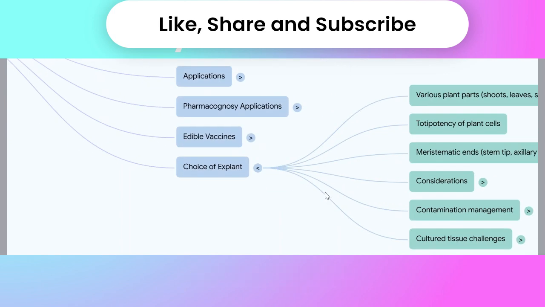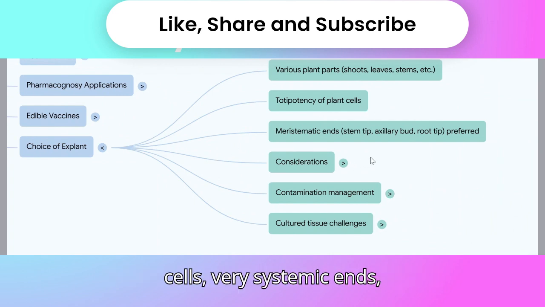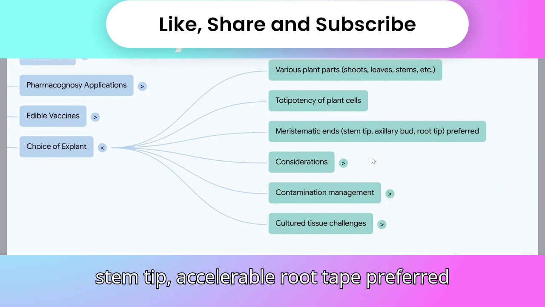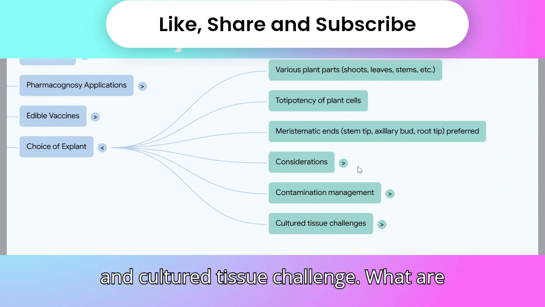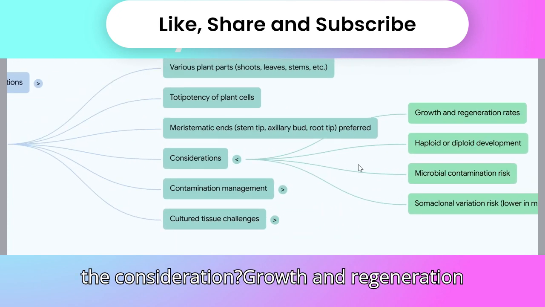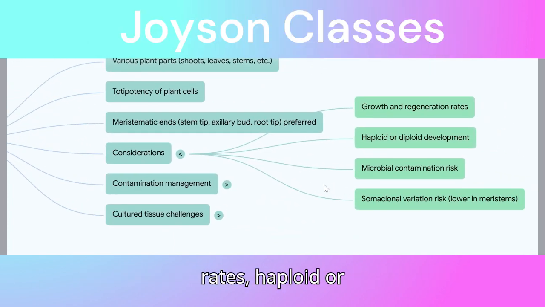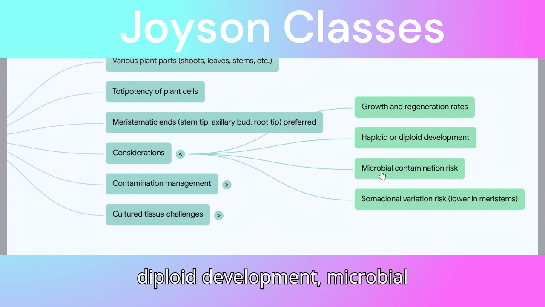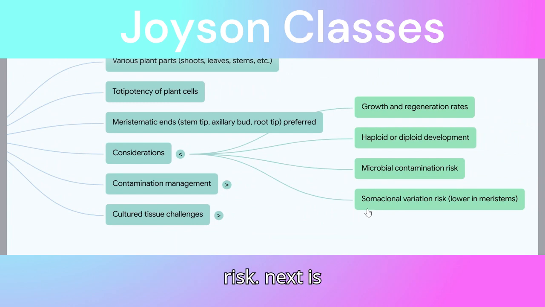Choice of explants: various plant parts, totipotential plant cells, meristematic ends, stem tip, axillary bud, root tip preferred; considerations, contamination management, and culture tissue challenges. What are the considerations? Growth and regeneration rates, haploid or diploid development, microbial contamination risk, somaclonal variation risk.